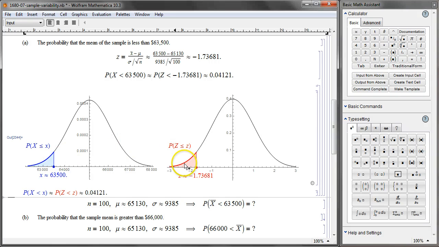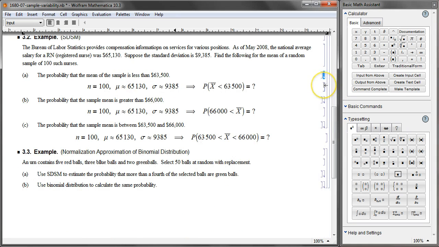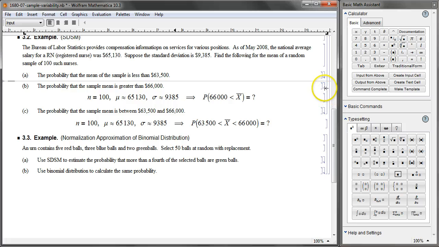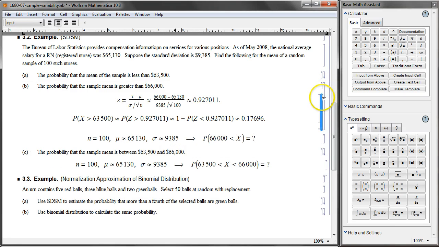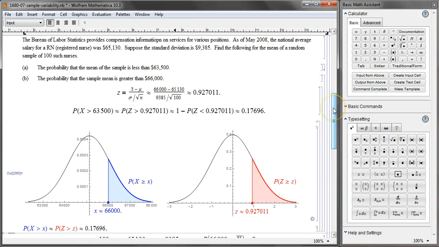That corresponds to this shaded part, the red part of the standard normal. And what is the z-score? Using x minus mu over standard error. That's something you'll have to do. Next problem, you'll have to shade the right hand side of it, kind of like this. But the key is again finding out the z-score.